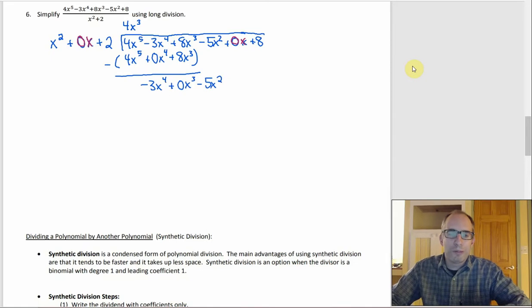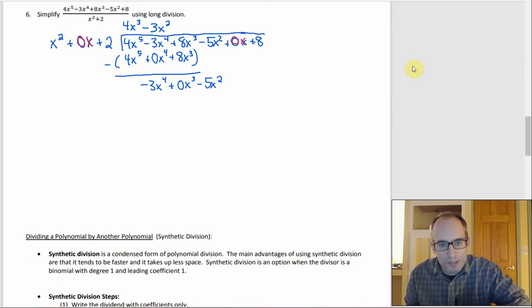So what do we have to multiply x squared by to get negative 3x to the 4th? Well, we'll need a negative 3 to multiply by that coefficient of 1 to get the negative 3 down here. And then we'll need an x squared, since x squared times x squared, you can add the exponents to get the x to the 4th.